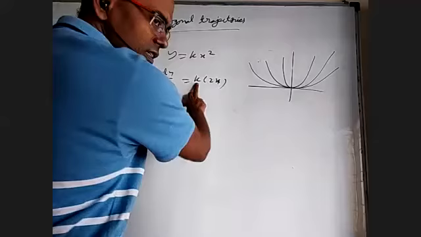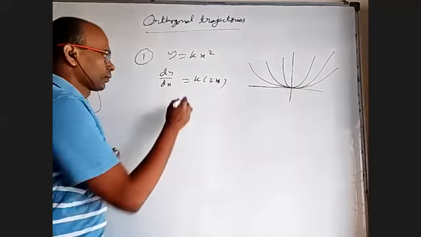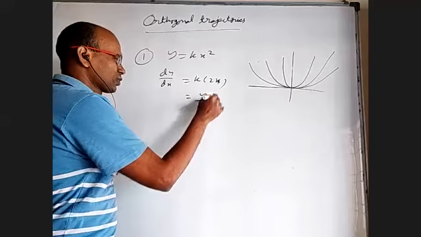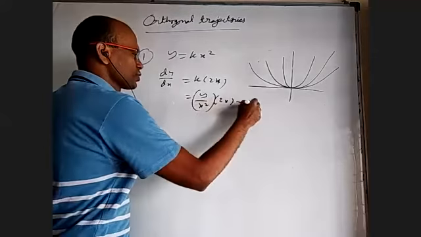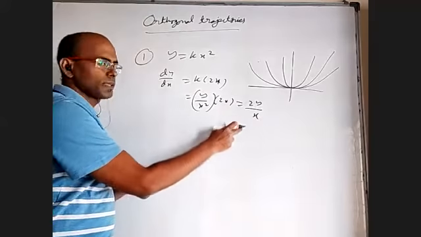In the place of this k, I am going to write y by x square, into 2x, which is 2y by x. So the differential equation of the original family is this.